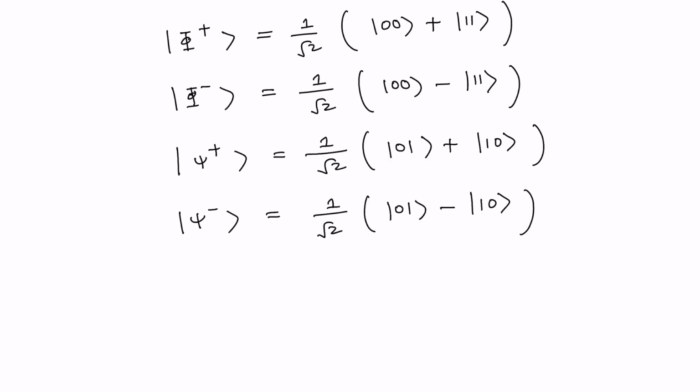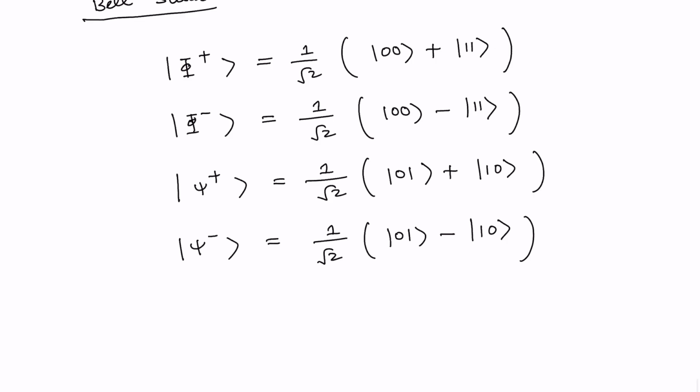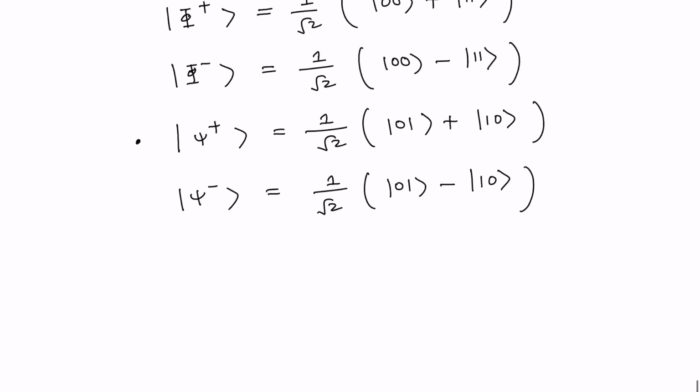Now the physical significance of these states: you just pick any one of them. For example, if I talk about ket psi plus, this is one of the Bell states. Now you see it's a superposition of ket 01 and ket 10. What it basically means is that you have this system A and system B, and you cannot write their states as a product state, they are now entangled.